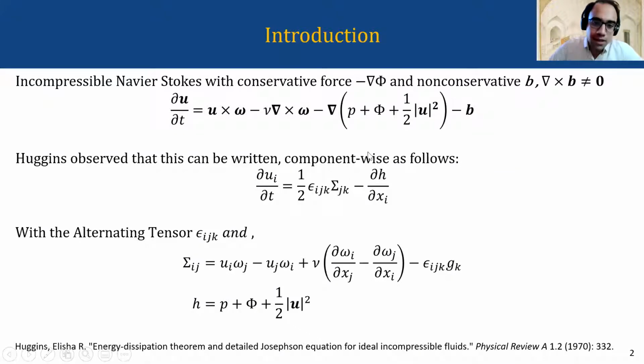And so it was observed by Huggins in this rather well-written paper that this can also be written component-wise in this form, where we are using the usual Einstein index notation.